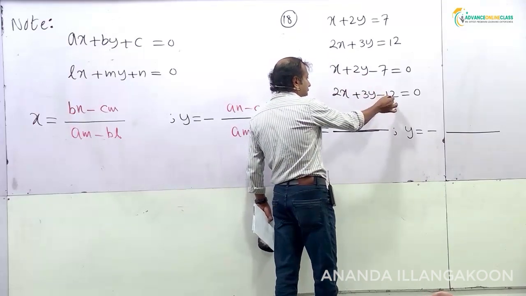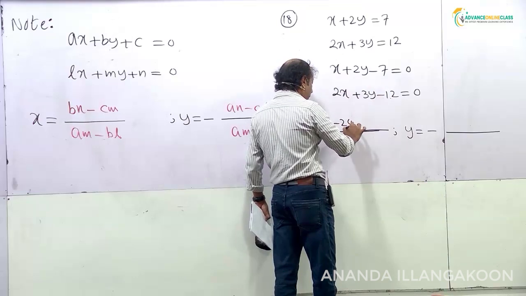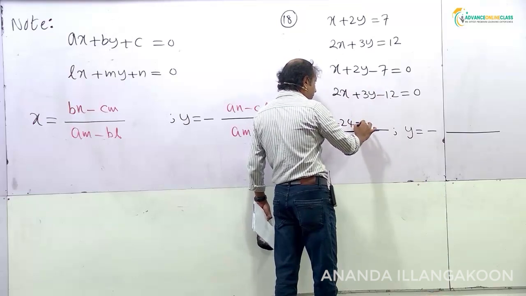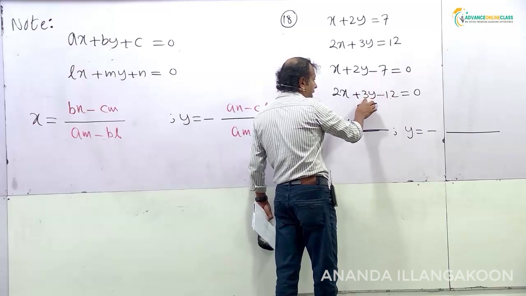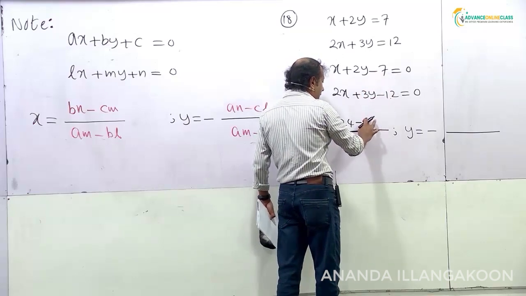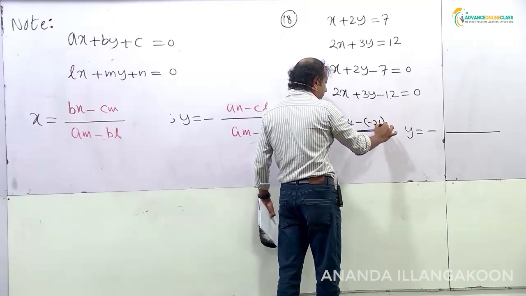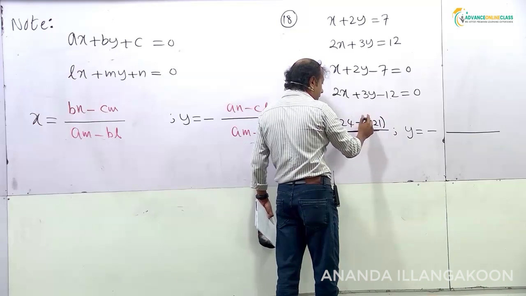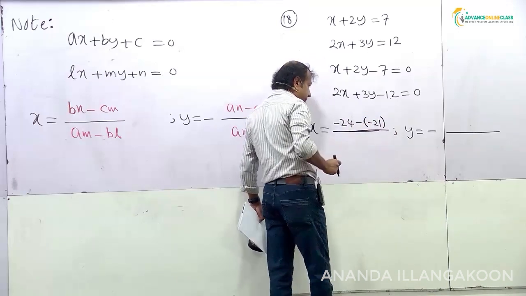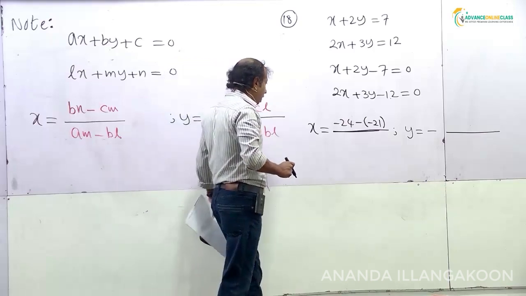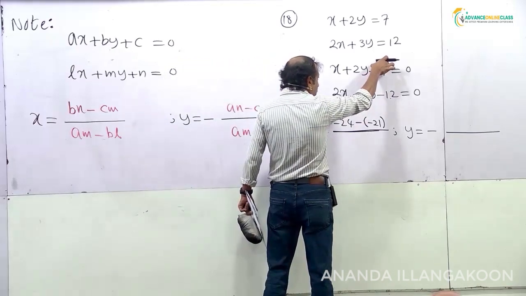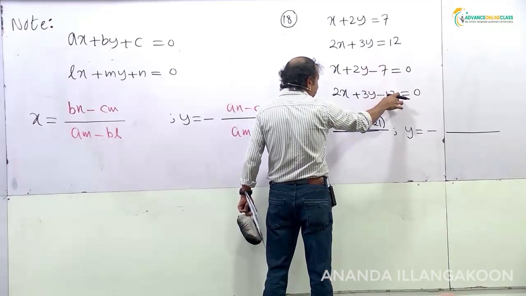Two n minus 12, minus 24, minus 7 and 3, minus 21. Okay? When you write the denominator, I told you, the column containing the constant we have to ignore.